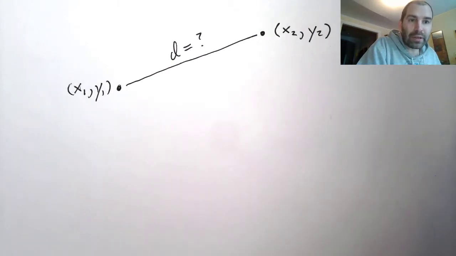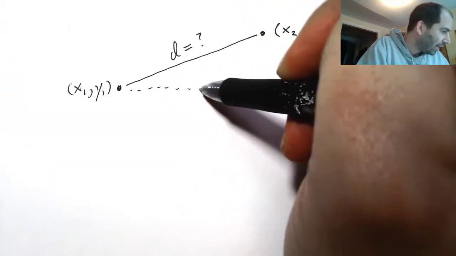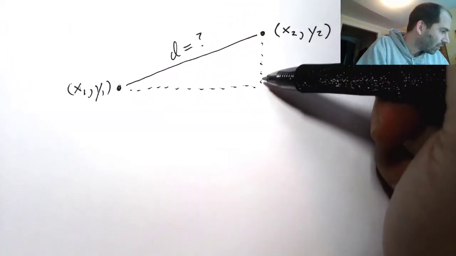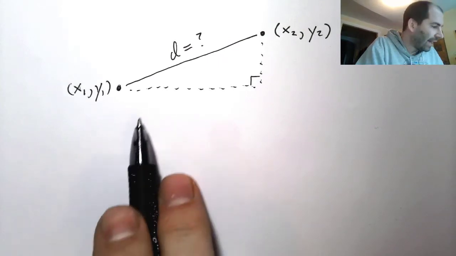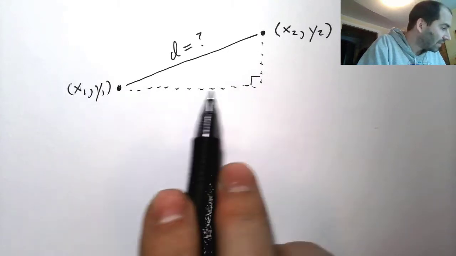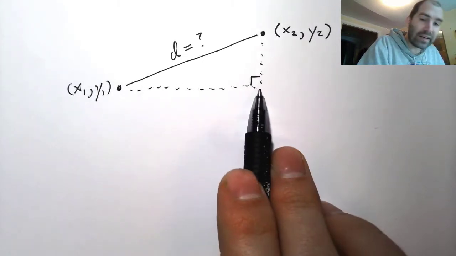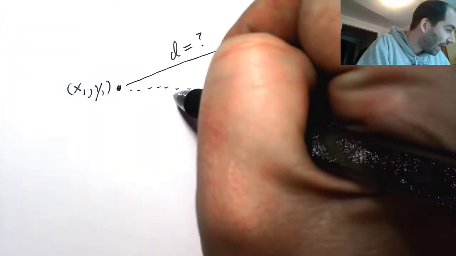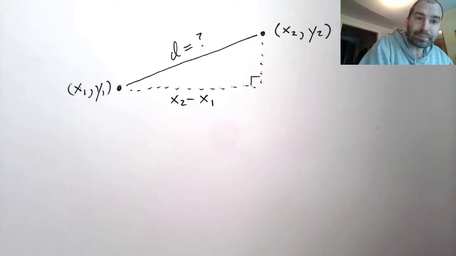Well, play around a little bit, use your knowledge of geometry, and probably one of the things you'll try is to make a right triangle here, right? And if we can find the lengths of the legs of this right triangle, let's do that. Well, let's see. This leg goes from x1 to x2, and so therefore its length is x2 minus x1.